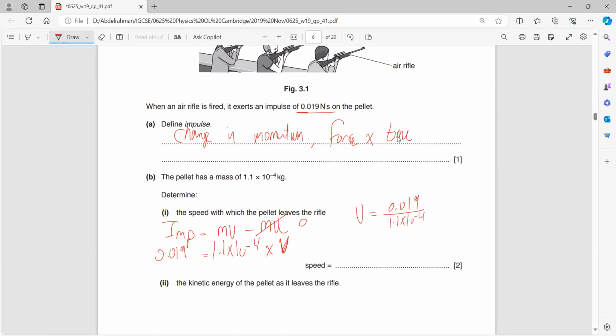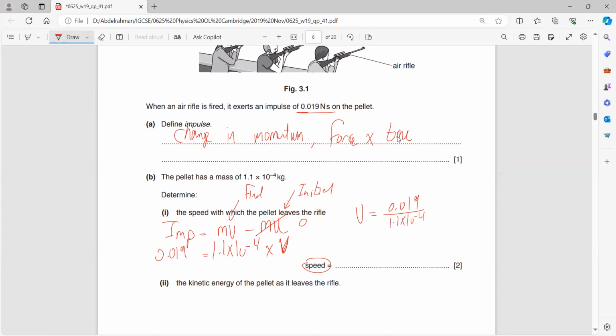This is the final velocity, and this is the initial. The final is what I want to know now, the speed. The initial was zero because initially it was at rest, the rifle hadn't fired yet.